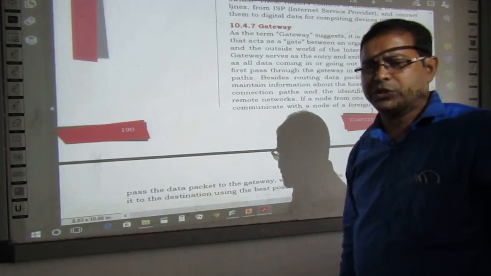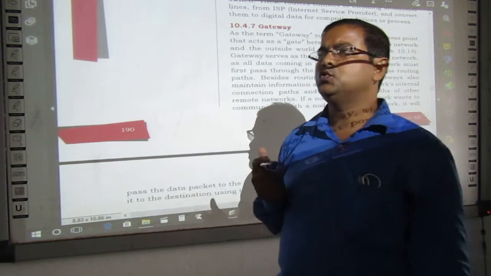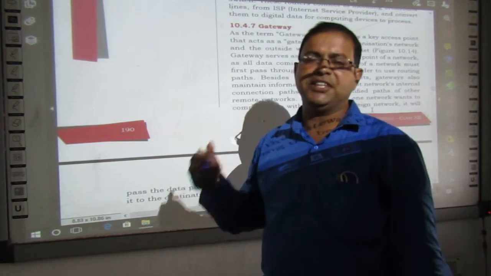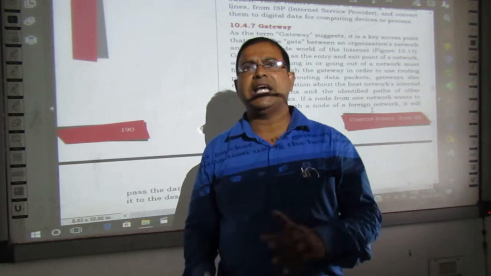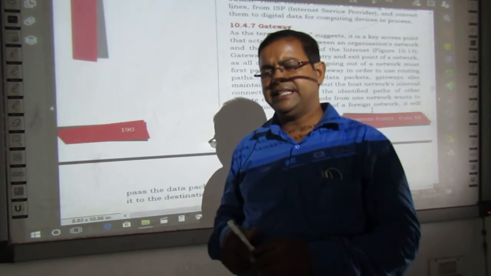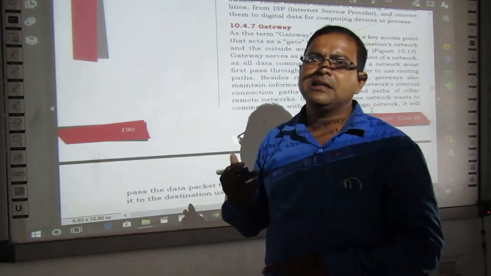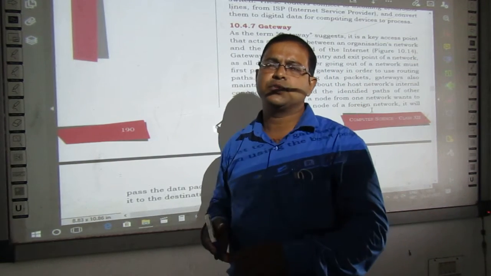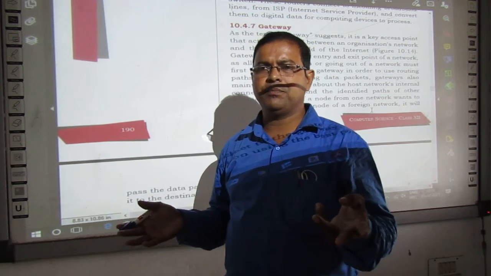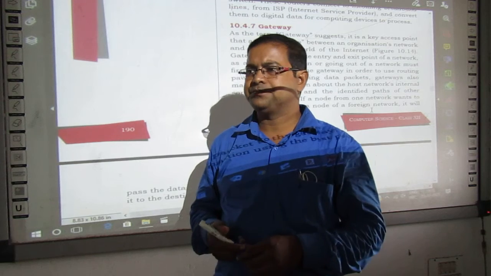So what is the real-time use of a gateway? Suppose I want to make a mobile recharge. Suppose I have Reliance Jio, so whenever I make a Jio mobile recharge, I can do it through different apps like MobiKwik, PhonePe, Paytm, or some other app or UPI.